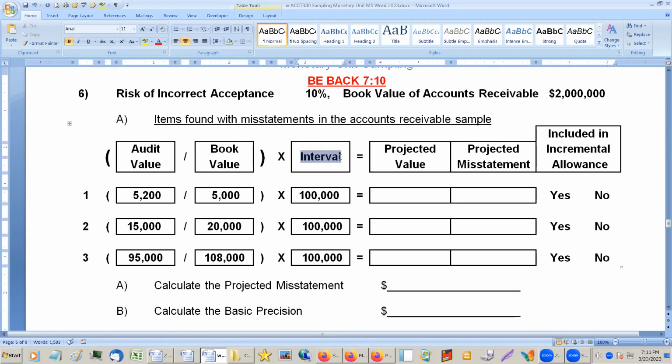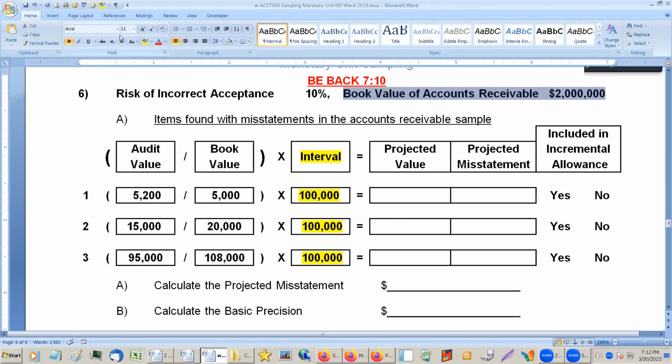Here's a question. How many items were in the sample? The interval is 100,000. So how many items do we have in our sample? 20.